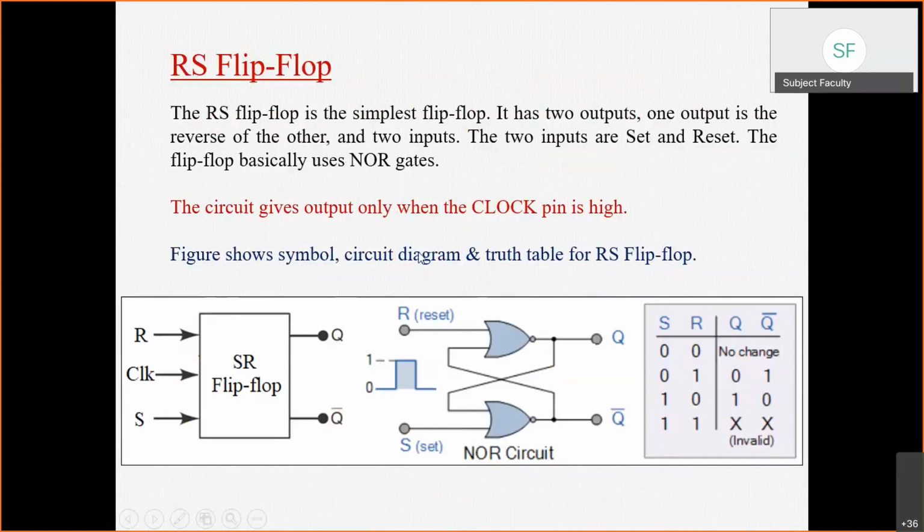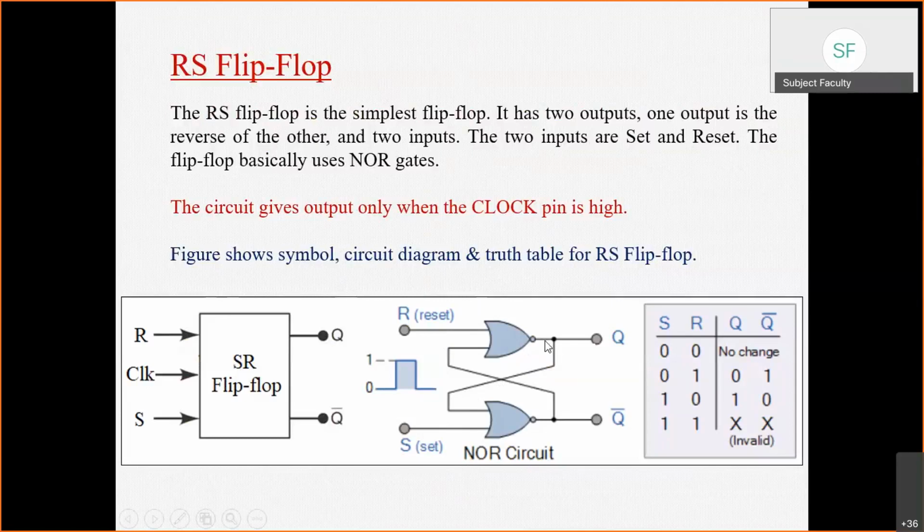Now in this discussion, remember this point, that this RS flip-flop can be realized using a NOR gate as well as a NAND gate. Just to avoid confusion, in this discussion I am realizing this RS flip-flop circuit using a NOR gate.